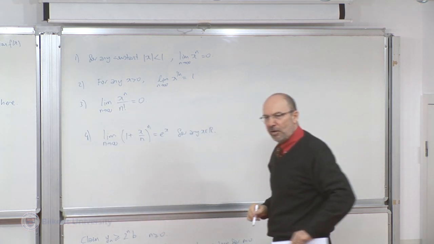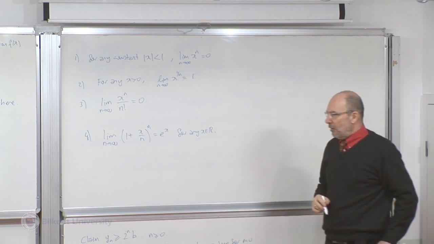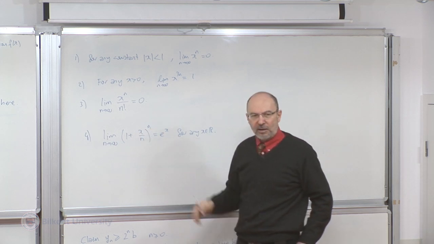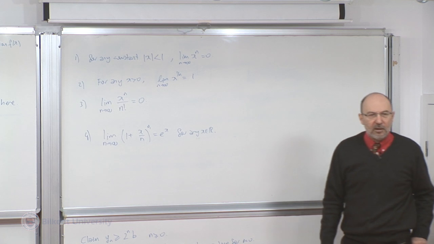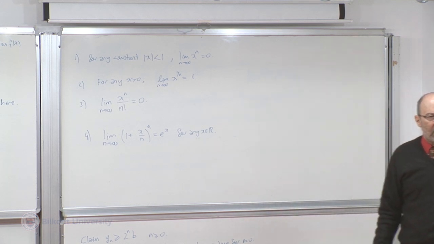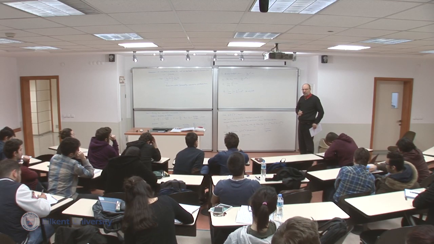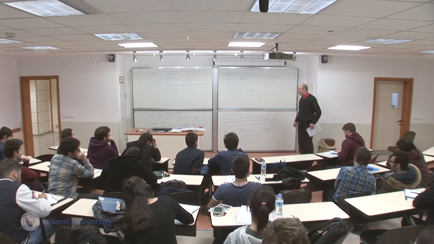Actually, we did this last semester, I think, when instead of x you put a constant here, and instead of n you have x. Take the logarithm, then take the limit, apply L'Hopital, and you will see that the limit in that case will be x. Since you took the logarithm, the actual limit will be e to the x.